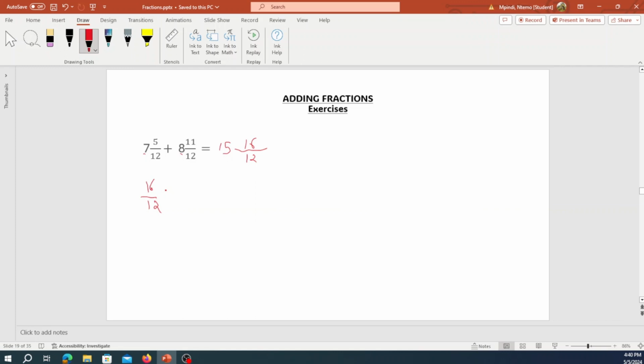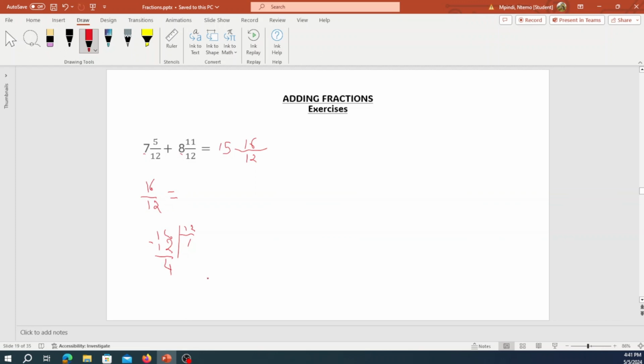In that case, we have to do 16 divided by 12. How many times can 12 go into 16? 1. Then 1 times 12 equals 12, and 16 minus 12 equals 4.